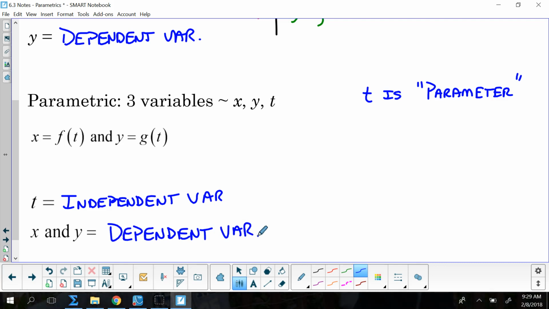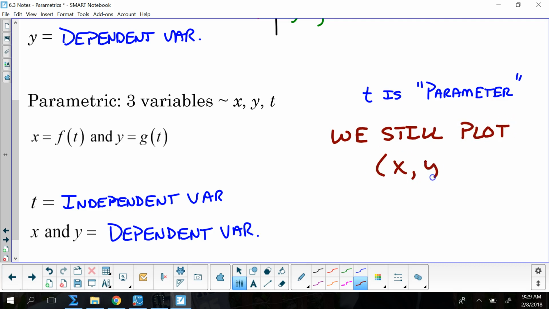So now we still plot our points x comma y. But really, we're plotting f of t, comma, g of t.